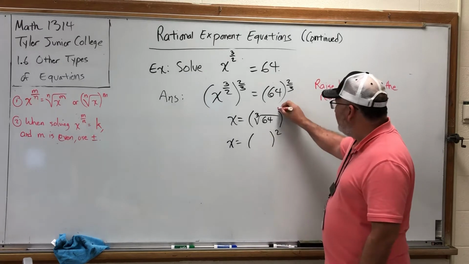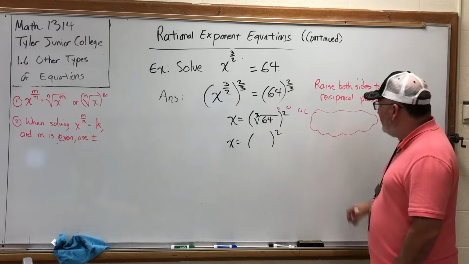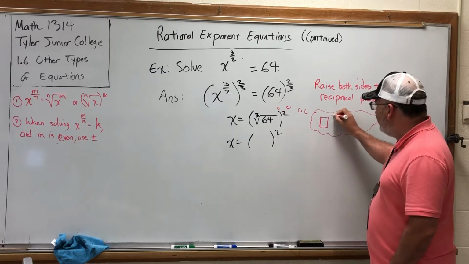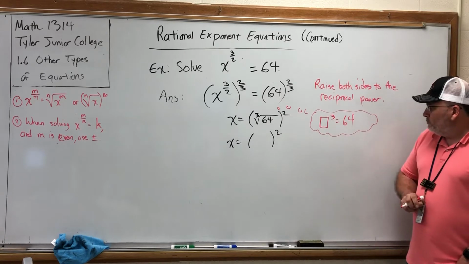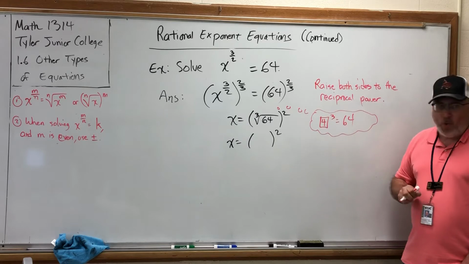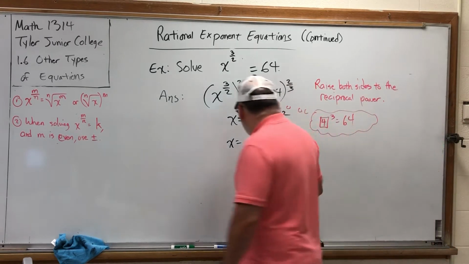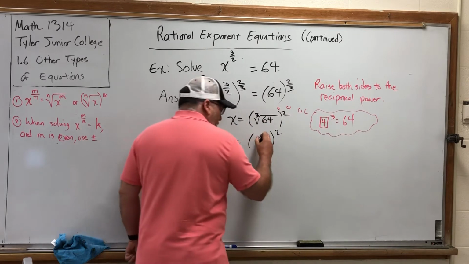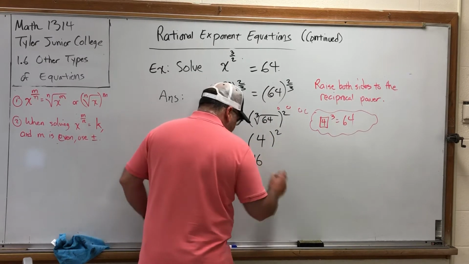To answer the cube root of 64, we need to answer what times itself 3 times is 64. Well, a little guessing and checking will reveal that 4 to the 3rd power is 64. And so the cube root of 64 is 4, but then we have to square it, and we get x equals 16.